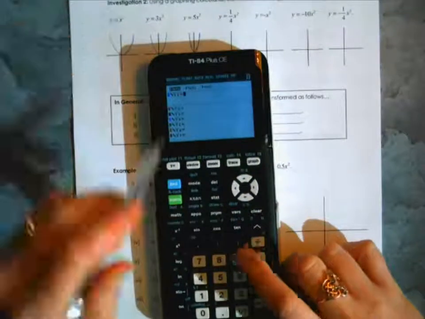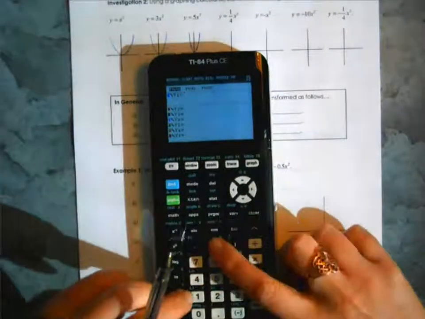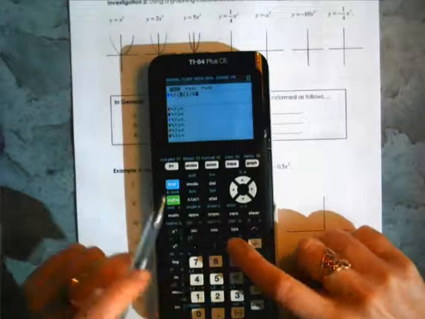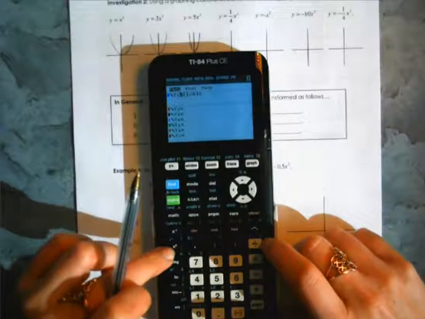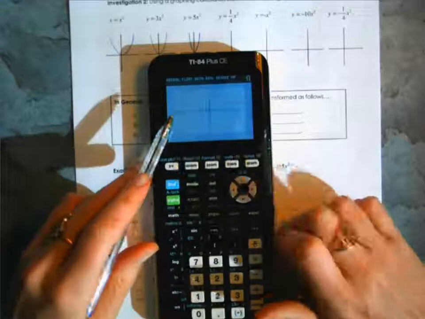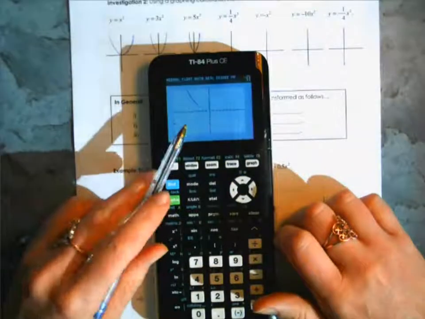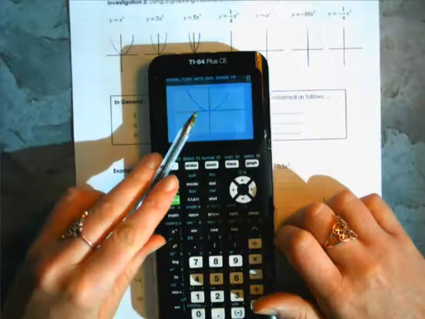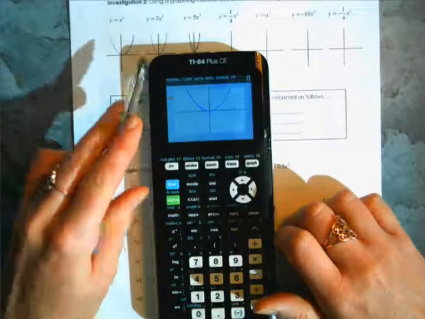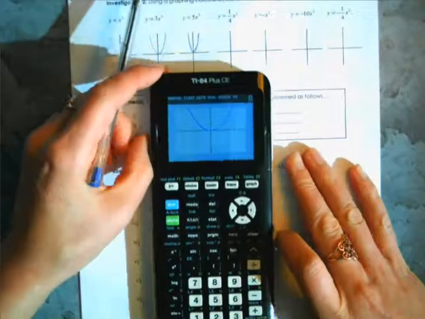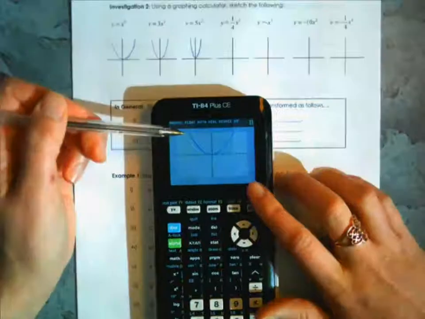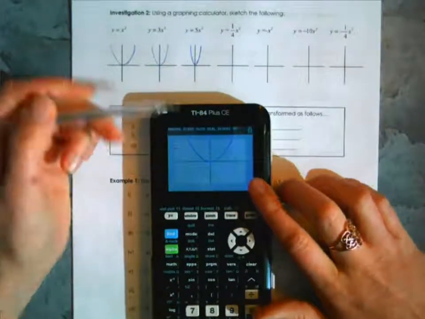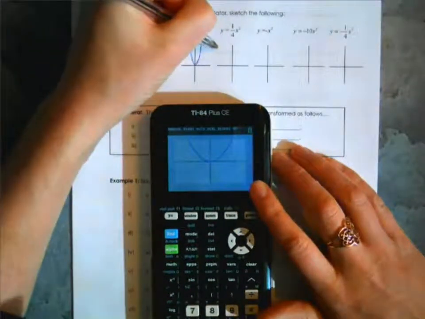So for this one, what I'm going to do is 1 divided by 4. I'm going to put it in brackets, x squared, and then I'm going to hit graph. So hopefully you were able to guess that. If the numbers were getting bigger, we saw that the graph was getting narrower. So now when we make our numbers smaller into decimals, we see that the graph becomes quite wide.